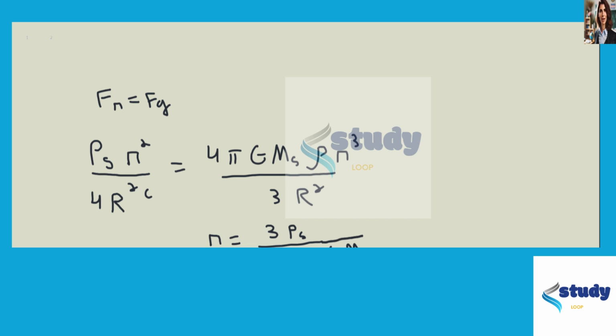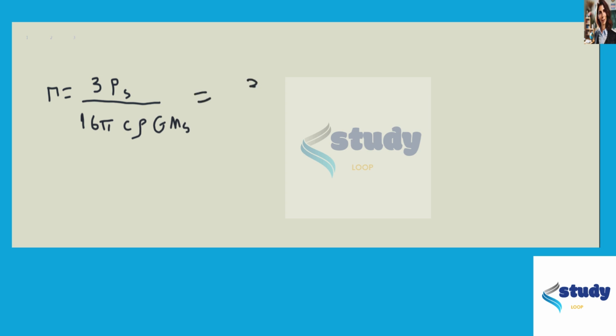And we can just plug in values. So r is equal to 3 times the power of the sun, divided by 16 pi c rho G M_s.